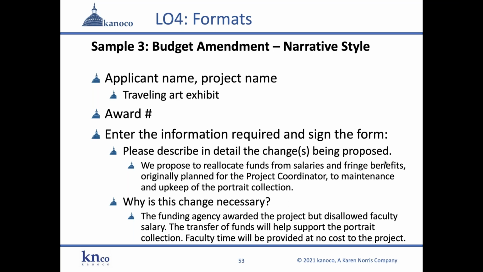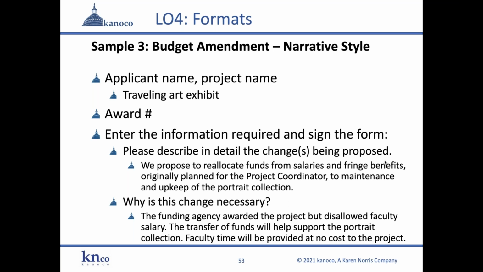So they had the award number, and this was a particular form that this granting agency wanted them to use. So please describe in detail the changes, and the response was, we propose to reallocate funds from salaries and fringe benefits originally planned for the project coordinator to maintenance and upkeep of the portrait collection.